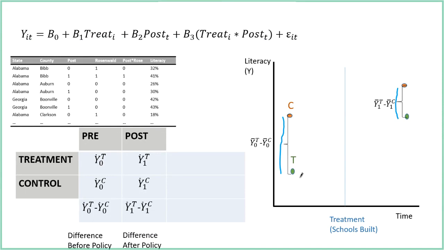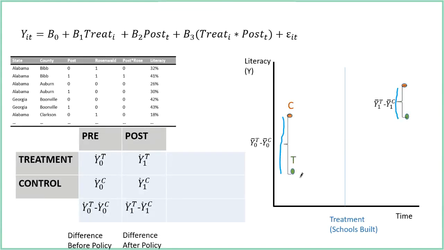They get implemented where they get implemented. There's an entrepreneurial government agent somewhere, or someone works hard in one district and not in the other to get this thing implemented. The nice thing about difference in differences is it's going to be okay if the control group and the treatment group are not the exact same ex ante, before the treatment takes place.